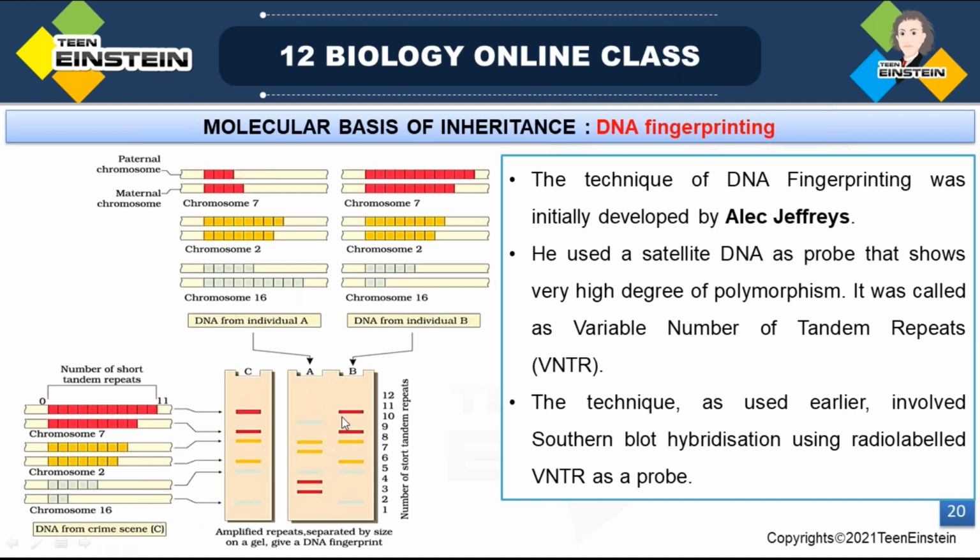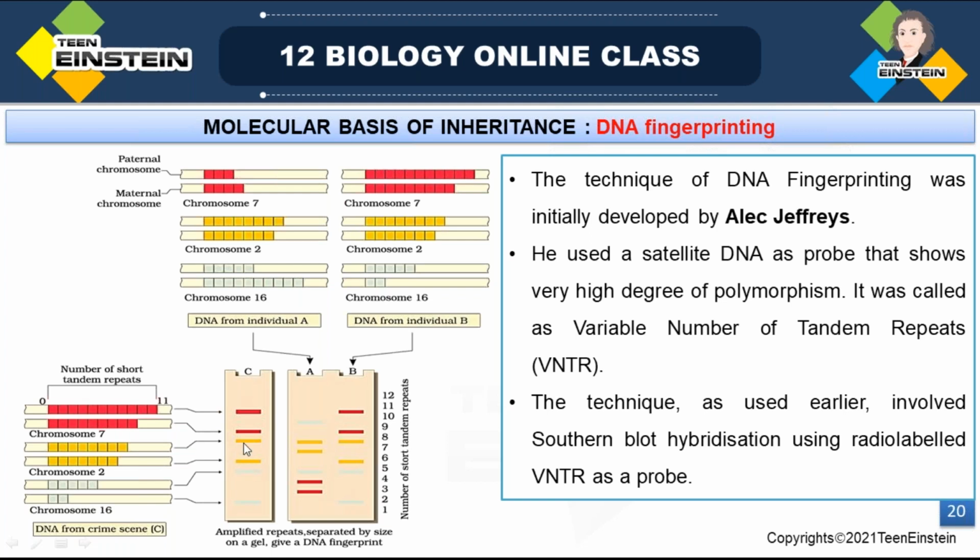Next, we are going to compare the DNA from individuals A and B. In the first individual, the paternal band is missing, right? But in B, the paternal banding is here and the maternal banding is also present.